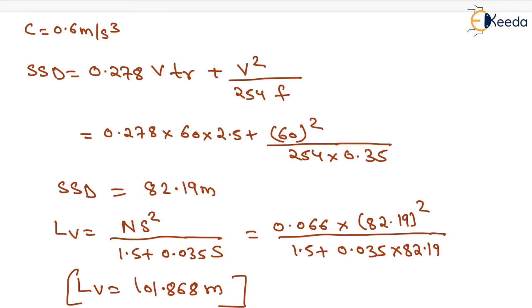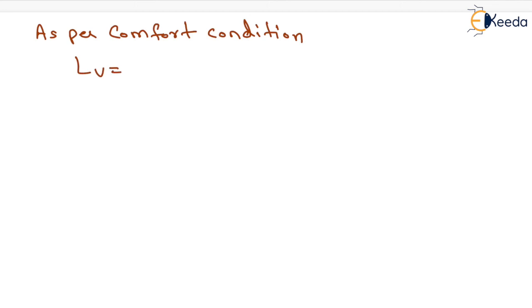Now we have to calculate the length of valley curve as per the comfort condition. So as per comfort condition, the length of valley curve will be equal to 0.378 under root of N V cube.